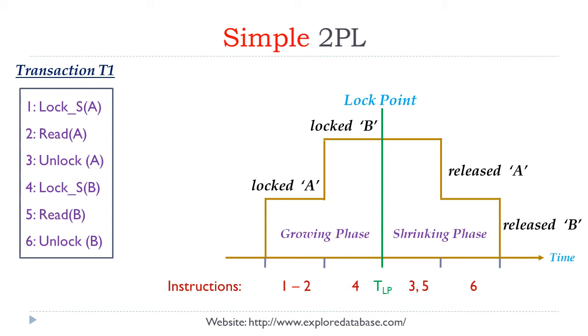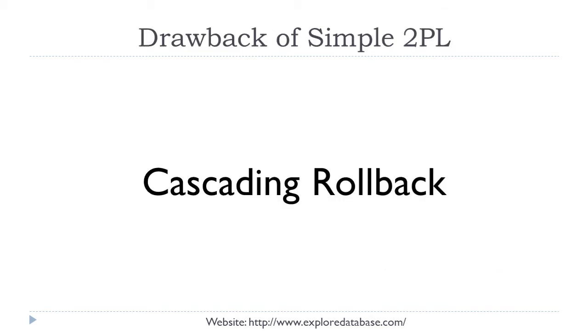But other instructions can be executed. Here we have executed instructions 1 and 2 during locking of A. After locking A, we are executing 4 for locking B. Then during the shrinking phase, we are executing instructions 3, 5 and finally 6. What is the problem with simple 2PL?